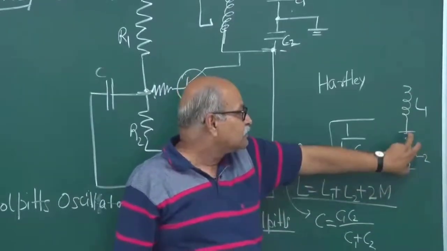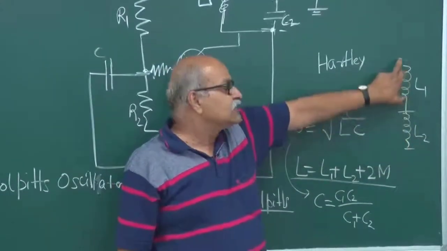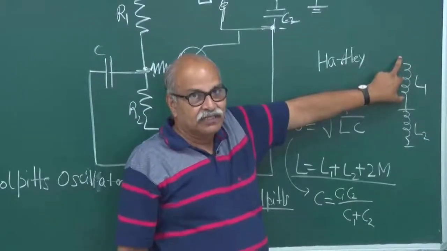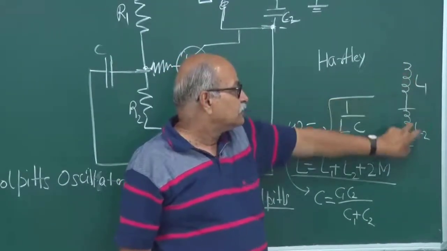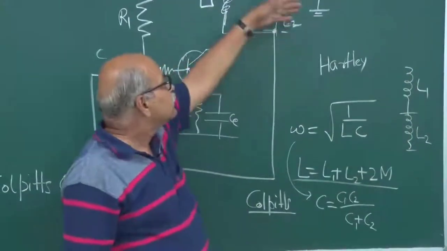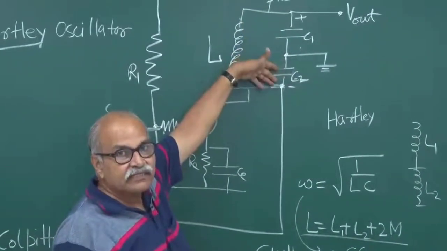So the part which is going into feedback, and the part which is going into the output, that fraction will be just this ratio of L1 and L2, and similarly here that fraction will be the ratio of C1 and C2.